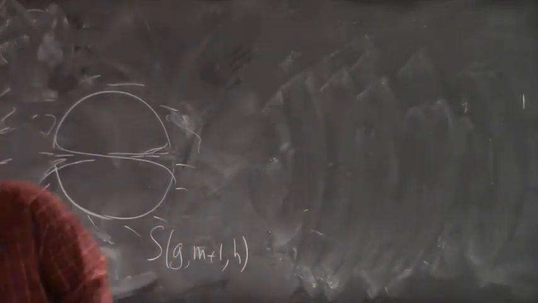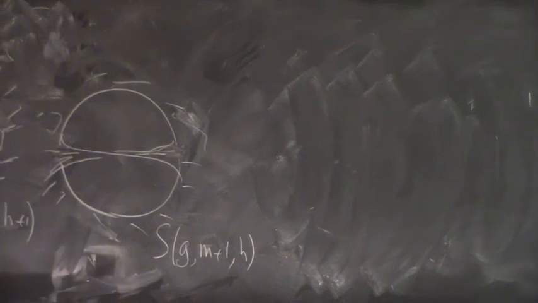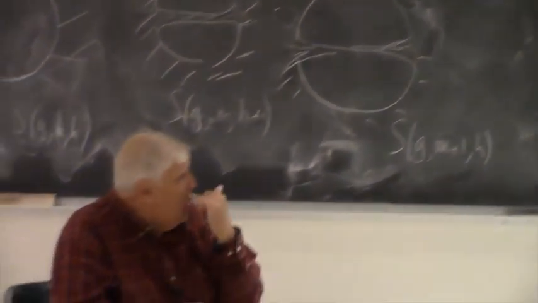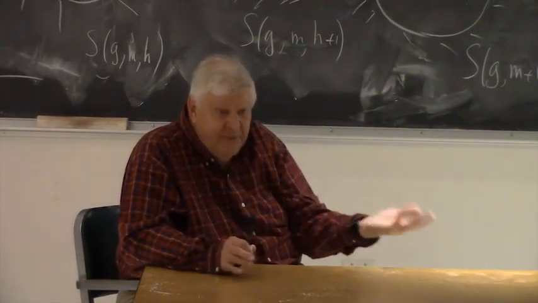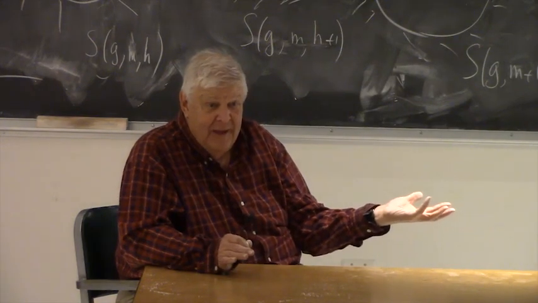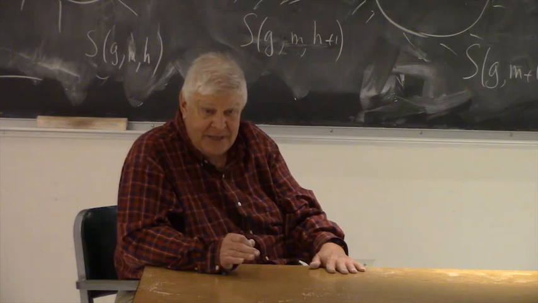You understand? We use our hole to attach a Möbius band. So we increase the number m by 1, but simultaneously we kill a hole. But after it, we make a hole. To kill a hole and to make a hole means that h stays the same, right?